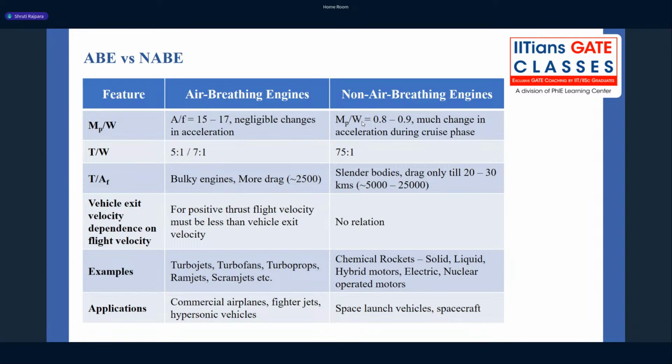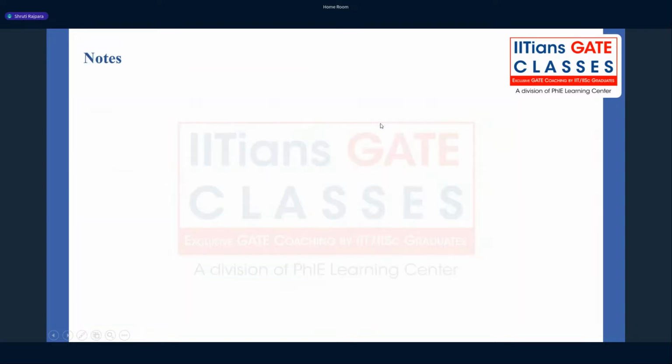I want to comment on the acceleration part of the air breathing engine and non-air breathing engine. Consider a scenario of cruising, where the air breathing engine and non-air breathing engine are in the cruise phase. In the cruise phase, mostly the force or the thrust remains constant. When we talk about air breathing engines, as we know, force is equal to mass into acceleration.